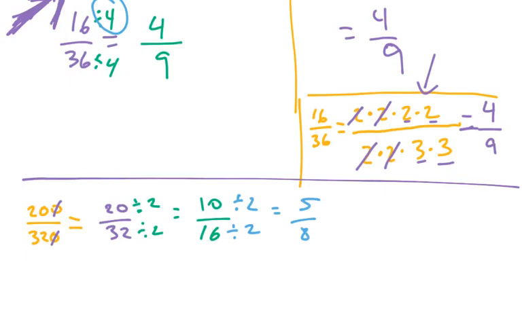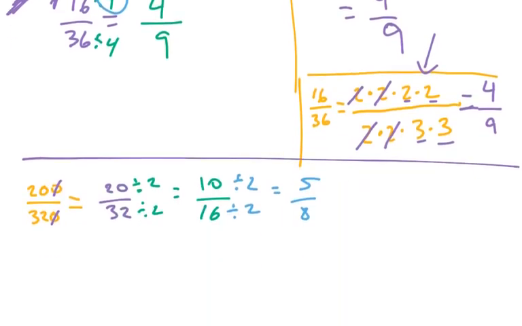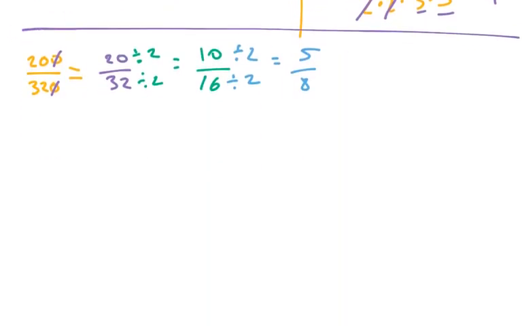So that's done. Number 12, we have 420 over 560. So you can see the similarity here. We can cancel out those zeros, and we're left with 42 over 56. Not going to overthink it again.